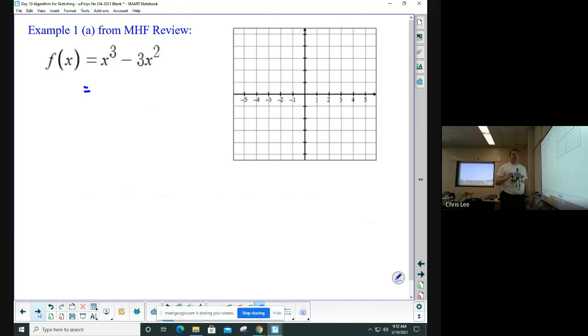So in this case, we're going to take a common factor, and x squared is a great common factor. Divide x cubed by x squared, we get x. And divide 3x squared by x squared, we get minus 3. Again, you can always check that you did it right by rainbowing back and making sure you get the original question.